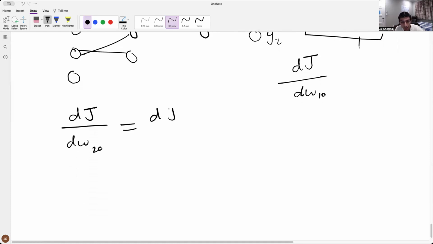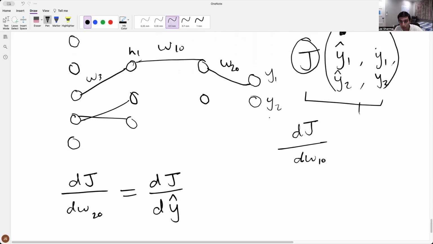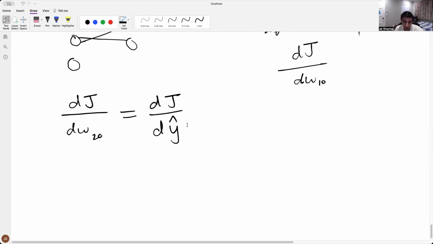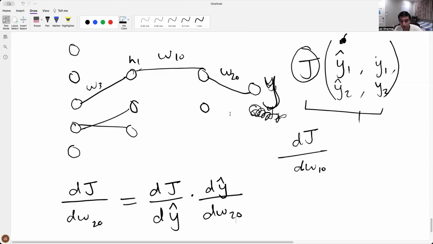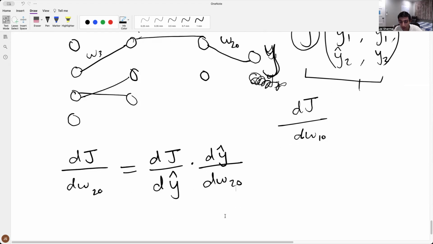We could use the chain rule and split this into two problems: dJ/dy hat, and let's say there's only one output, just a y, for simplicity's sake, multiplied by dy hat/dW20. What I'm saying is that in order to find J, we need y hat, but in order to find y hat, we need W20.